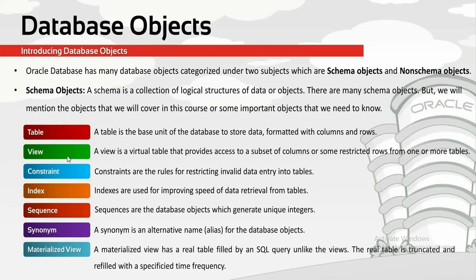So what are indexes? Indexes are used to improve the speed of data retrieval from tables. Consider for example you have a notebook filled with notes. From that notebook you want to read about database objects, but you don't know on which page it is.